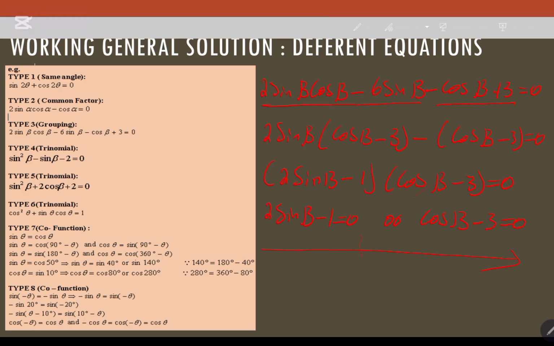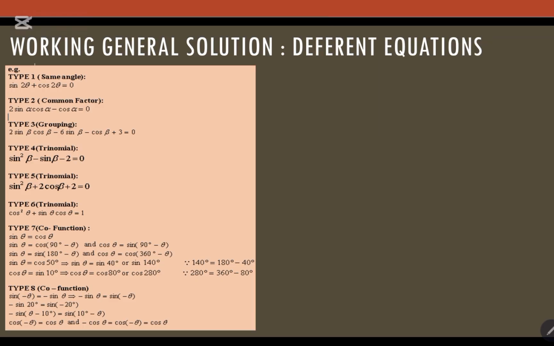Now, let us look at the fourth type. The fourth type, we're given sine squared beta minus sine beta minus 2. It is in the form of a trinomial. So the coefficient of sine beta here is 1.